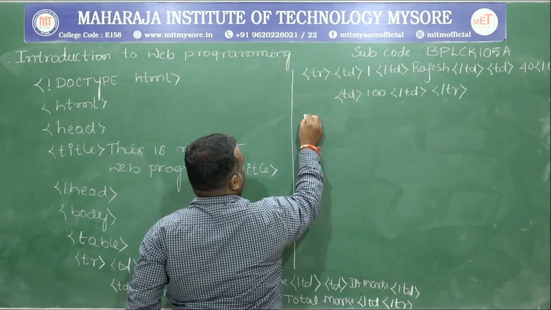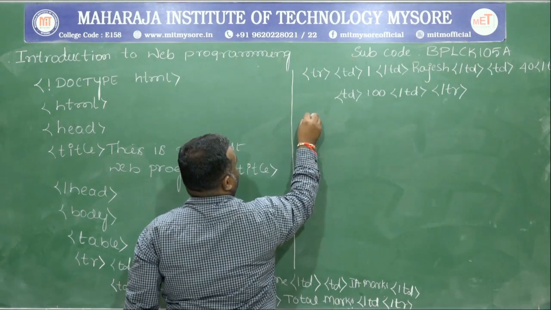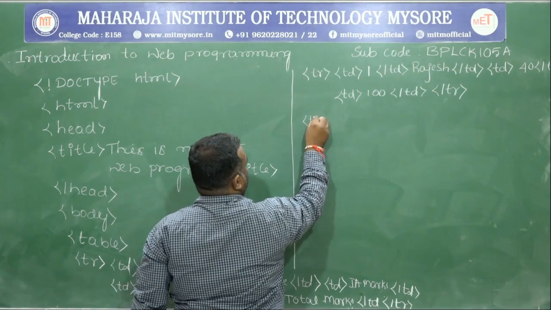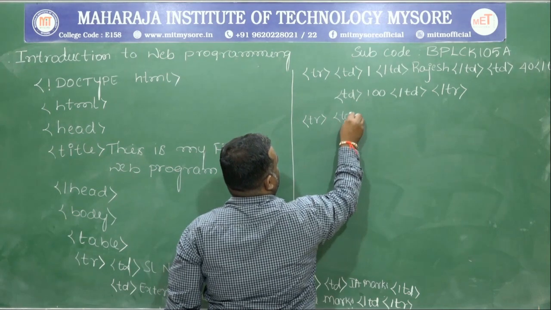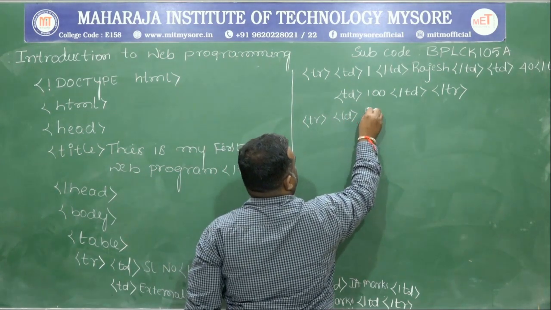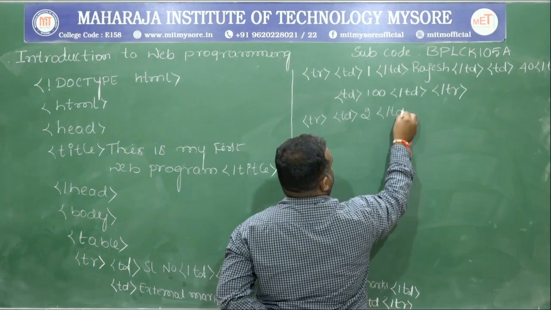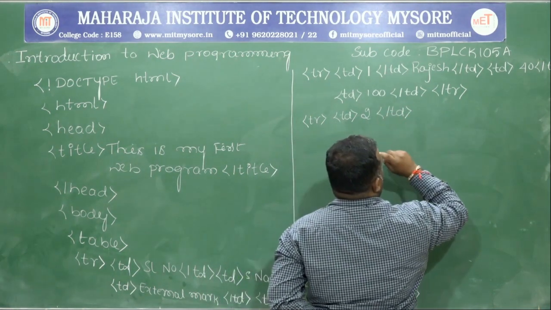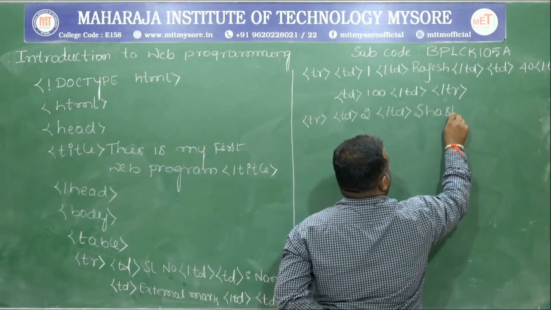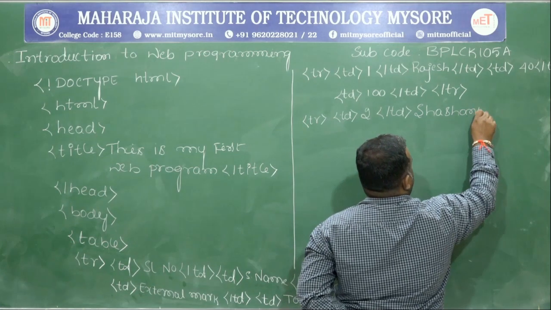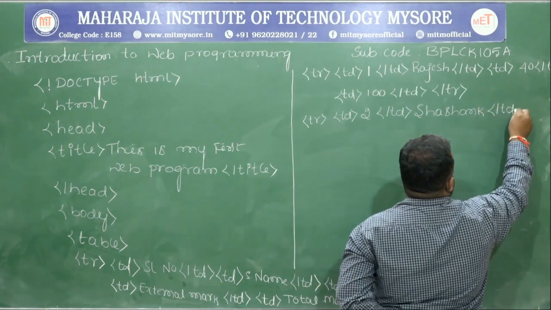And next I want to insert one more candidate's data by using TD. The serial number is 2, and then TD, and then the candidate name is Shashank, and then end of the candidate name.